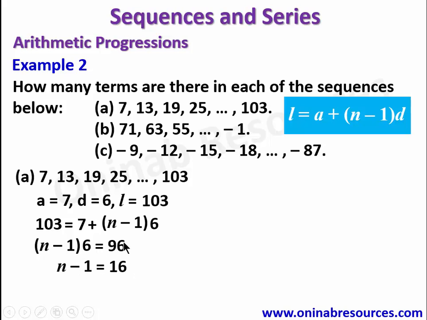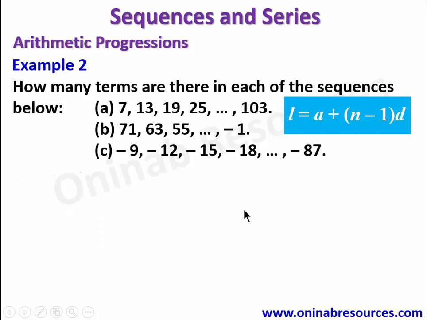Then you take this to the right hand side, which gives n equal to 17. So with this, the sequence in A is an arithmetic progression and it has 17 terms.